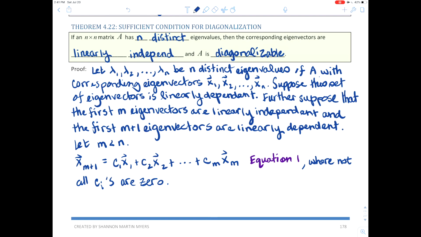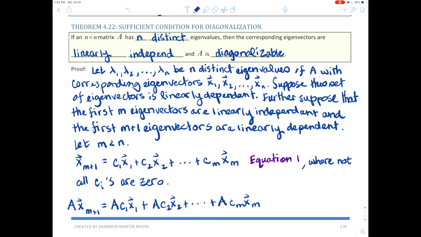Cool so far? All right, well, let's think about what if we multiplied both sides by A, right? So if we had A times x sub m plus 1 equal to A times all of these sums of vectors times their constants, what would we have? We'd end up with A c1 x1 plus A c2 x2, all the way down to A cm xm.